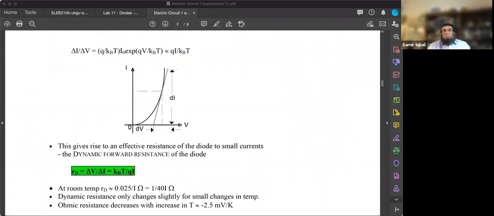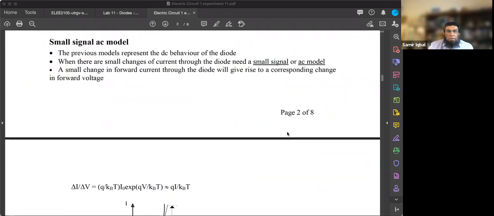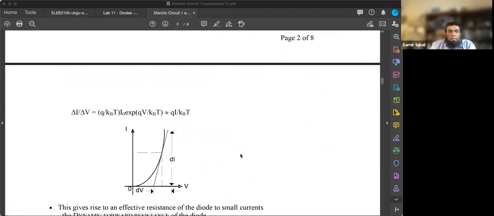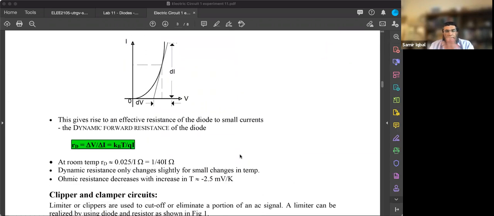So now this behavior is what we call small signal behavior, which means the AC is not very high amplitude, it's a very small amplitude. There is a different behavior when we deal with large signals, but we'll just stick to the small signal behavior. We get what we call dynamic forward resistance.